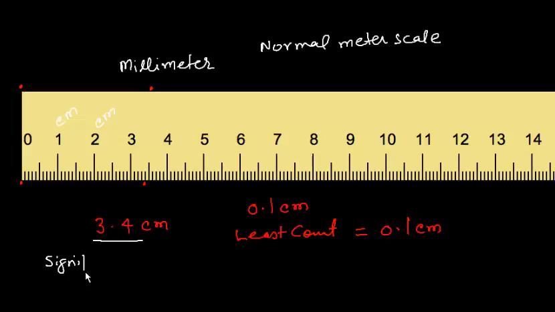So there are two significant numbers, and in which 3 is very accurate, but 0.4 we are not very sure. There is a possibility of some error in that. So let me define significant figures.